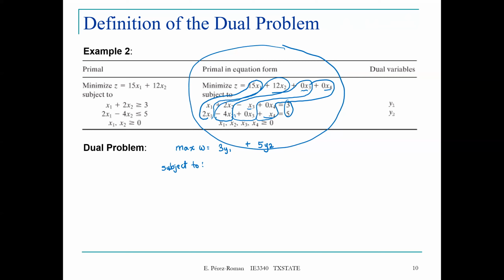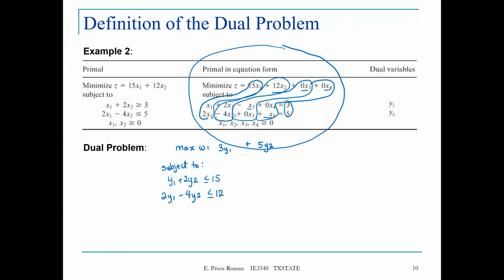So for the first one, we have y1 plus 2y2. And since we are going from minimize to maximize, then the constraints are going to be less than or equal to 15. And then for the second variable, x2, we have 2y1 minus 4y2 less than or equal to 12.